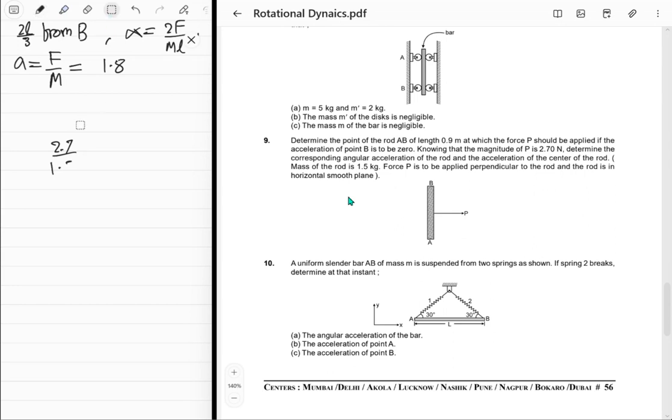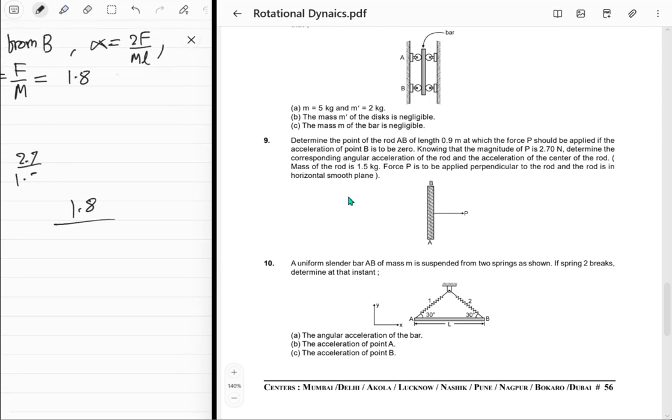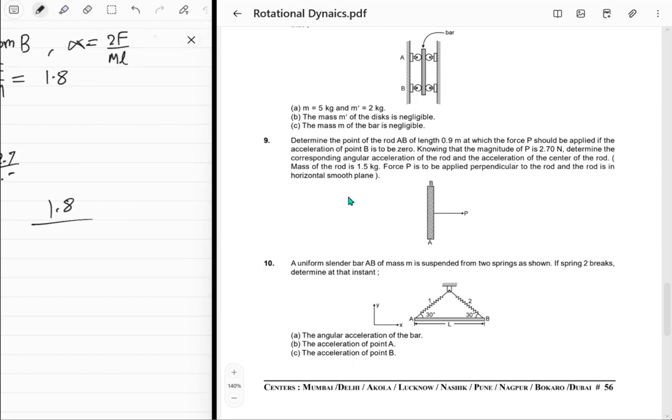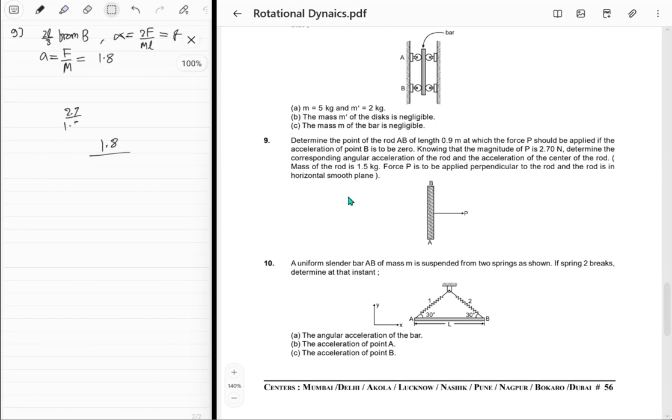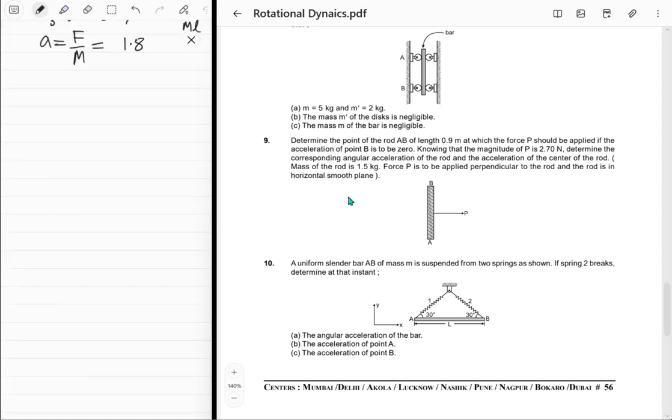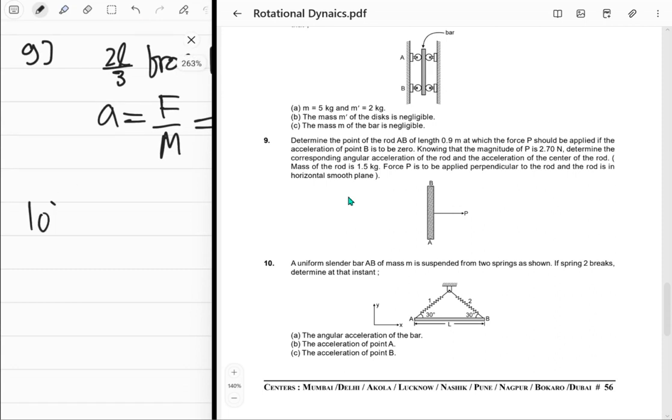And then you want 2F upon ML, just do this thing upon L upon 2, so 1.8 upon L upon 2, where the length of the rod is 0.9, upon 2. So this is going to be equal to 4, perfect. And then 2L upon 3, I won't even do it. Next.